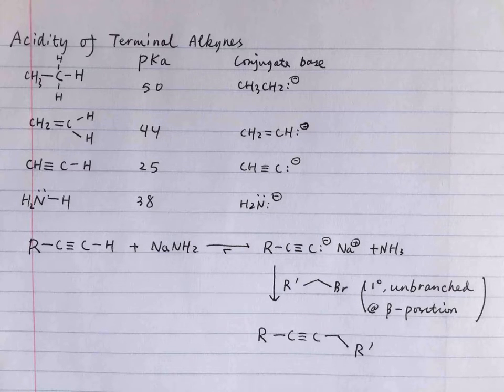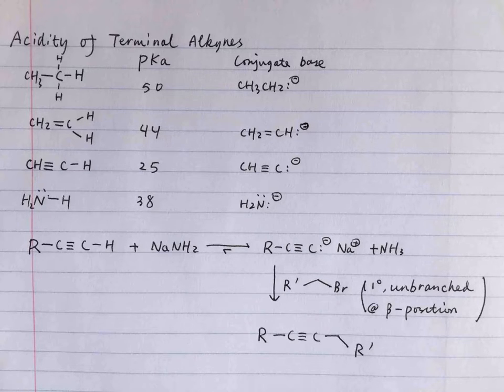For the case of a terminal alkyne, the hydrogen is so acidic, it's actually far more acidic than the proton on ammonia, in which hydrogen is bound to a more electronegative nitrogen atom.